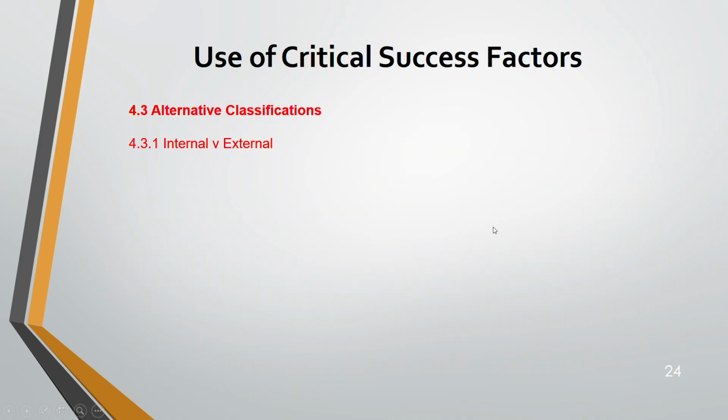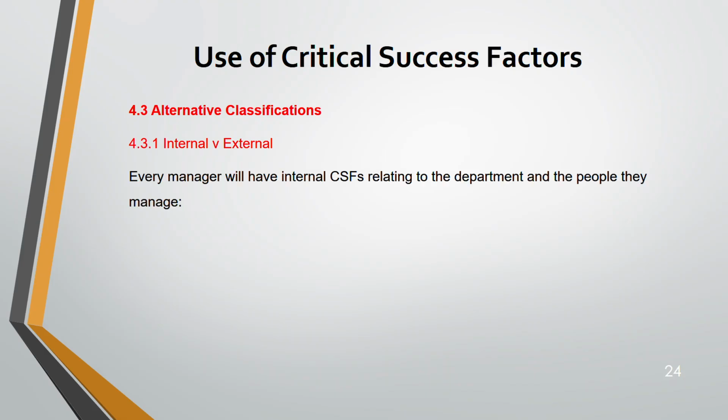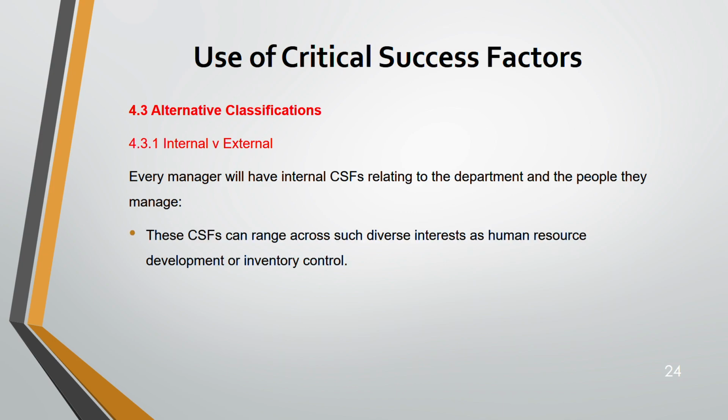Now, alternative classification, internal versus external. Every manager will have internal critical success factors and external critical success factors as well. Internal is relating to the department and the people they manage. So these internal CSFs range across diverse interests such as human resource development or inventory control.